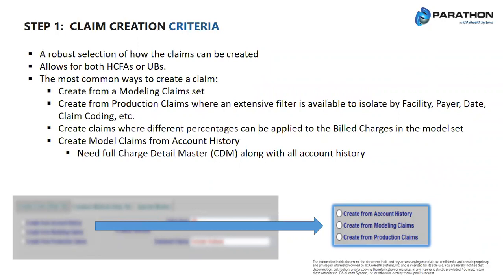Again, we are the only company that can do this to the point where it's extremely accurate. Or you can create claims where different percentages can be applied to the billed charges in the modeling set. And finally, you can create model claims from account history. In those cases, you will need the full charge detail master.